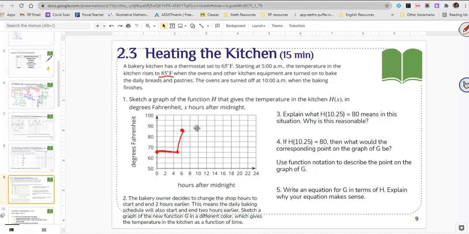It stays at 85 until 10 o'clock. Baking is finished. And let's say it takes an hour for it to cool back down to the 65 degrees that our temperature is set at for the rest of the day.